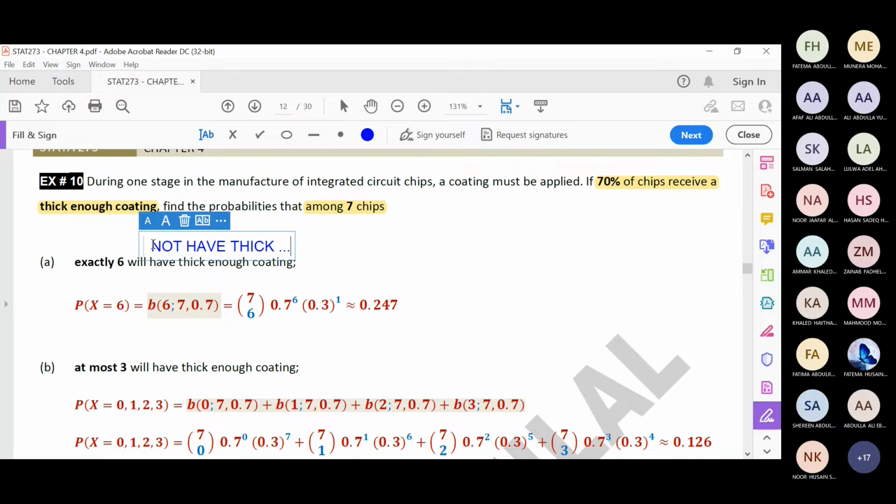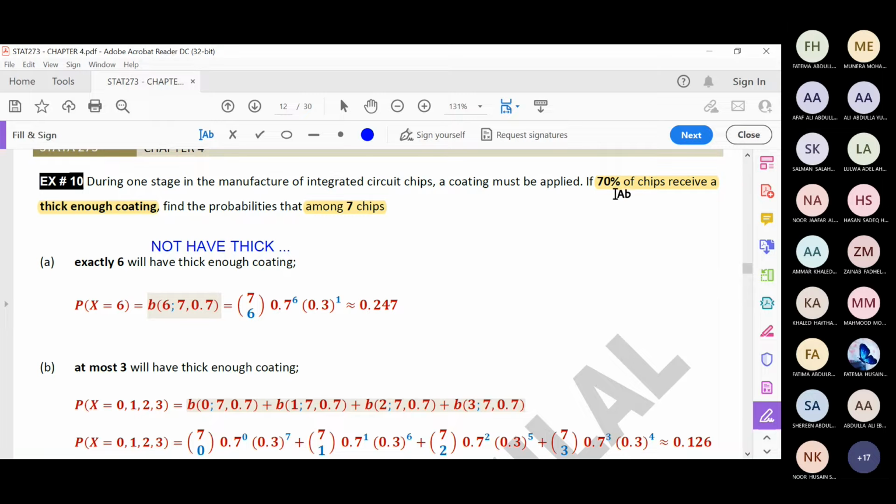If I said exactly 6 will not have, then how many have thick enough coating? Because among 7 we have 6, then only 1 will receive thick enough coating, which means that your value is not 6, is 1, because you have to match the statement in your question with the statement with the percentage. This is important and this is one of the common mistakes.